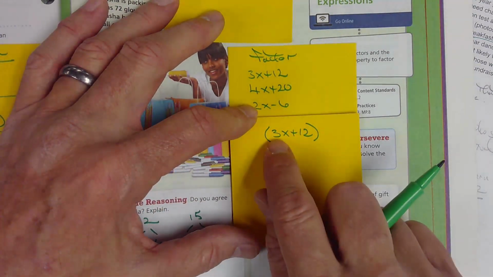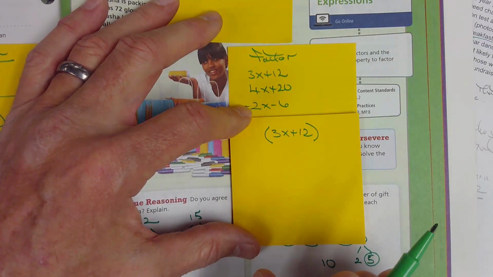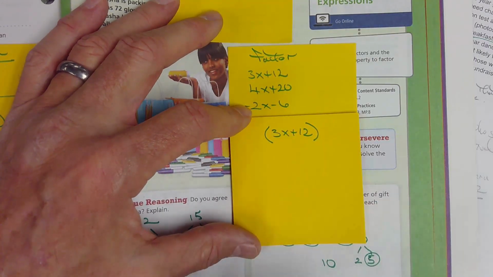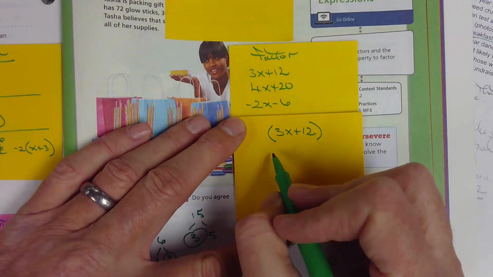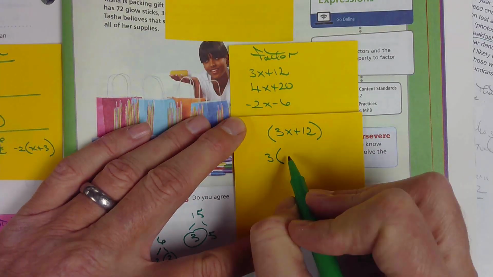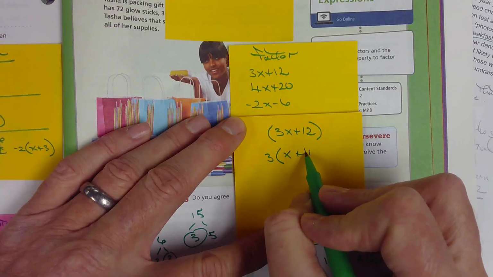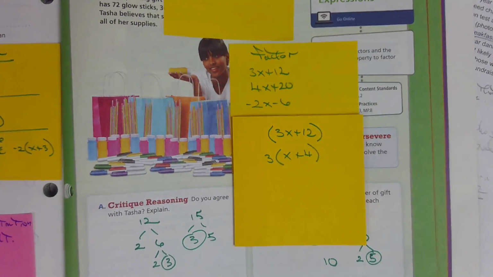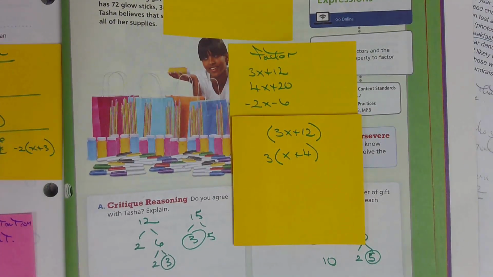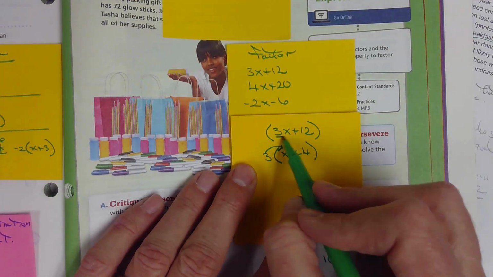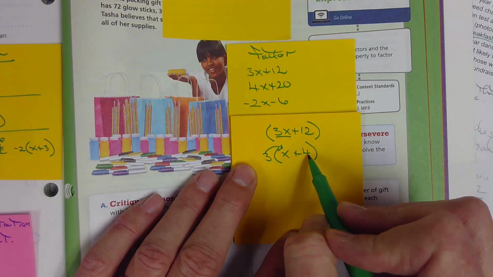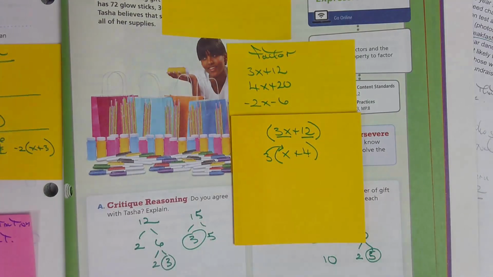So what's the greatest common factor between 3x and 12? 3. Okay, so I'm going to pull the 3 out, and I'll put x plus 4. You guys see it? 3 times x is 3x, and 3 times 4 is 12.